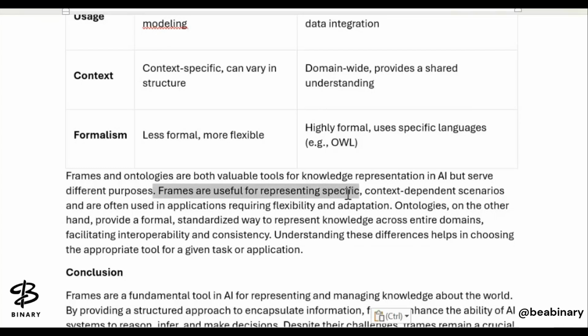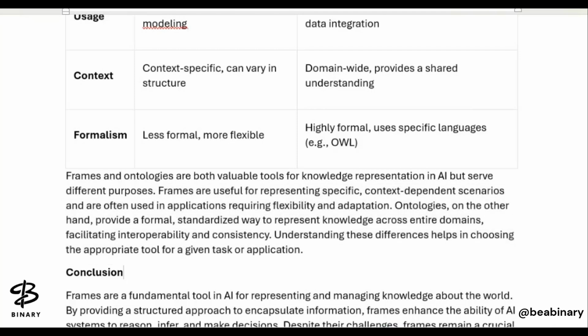Frames are useful for representing specific context-dependent scenarios and are often used in applications requiring flexibility and adaptation. So where flexibility and adaptation are a requirement, use frames. Ontologies, on the other hand, provide a formal and standardized way to represent knowledge across the entire domain, facilitating interoperability and consistency. So here the focus is interoperability and consistency, and understanding these differences helps in choosing the appropriate tool for the specific task or application.